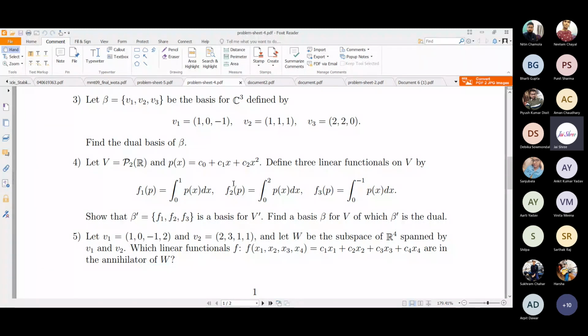Okay, all right. Delta ij is the Kronecker delta, which is equal to 1 when i equals j, and 0 when i is not equal to j. Okay, that is fine.